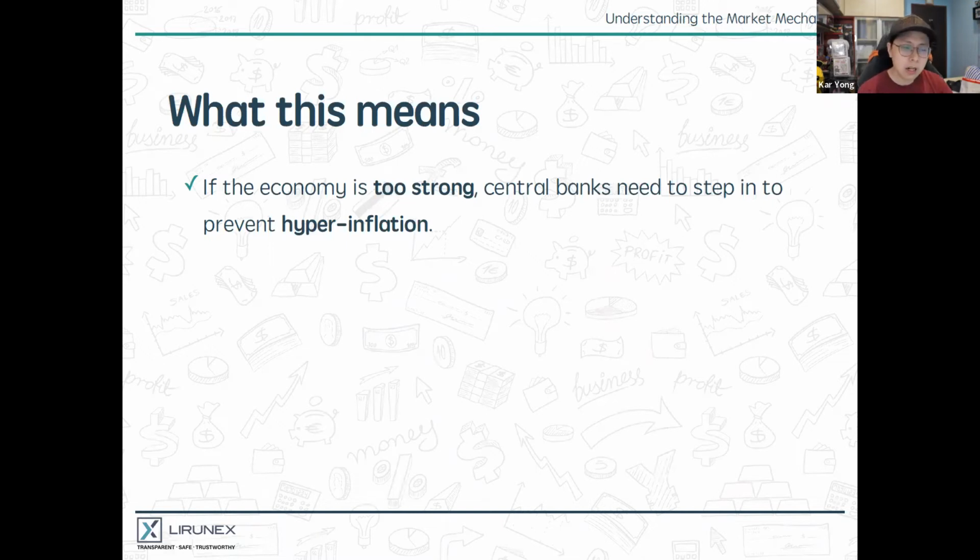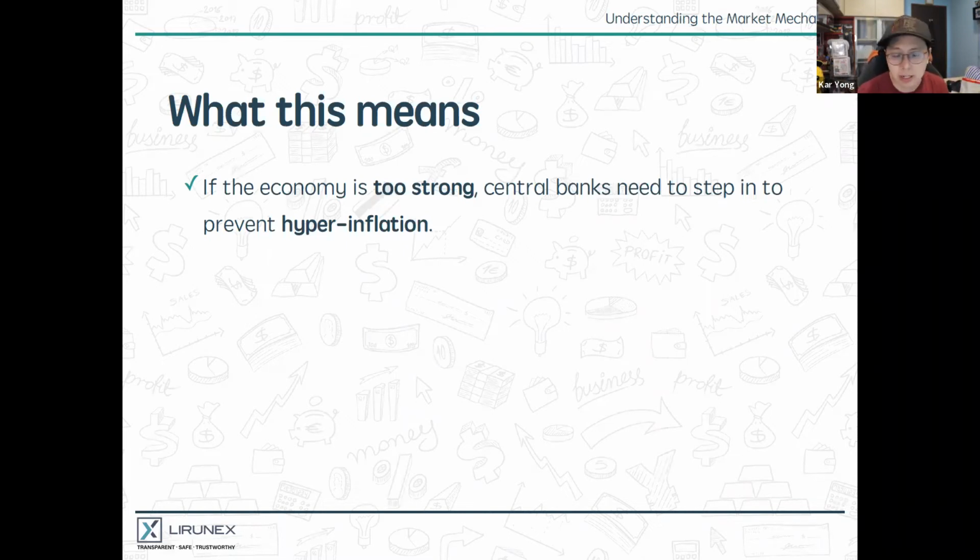In other words, prices of goods and services keep going up, out of control, right? What it also means is that the value of your currency drops a lot, so much so that it isn't worth much anymore. And to compensate for that effect, you have a lot of zeros behind the currencies, okay?